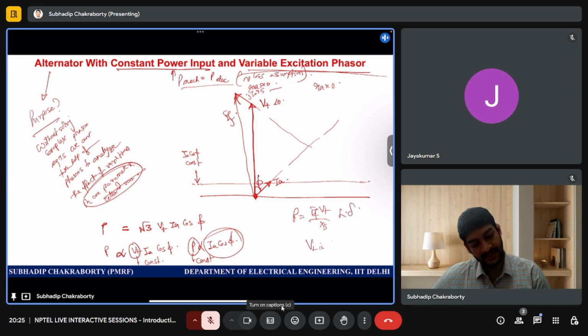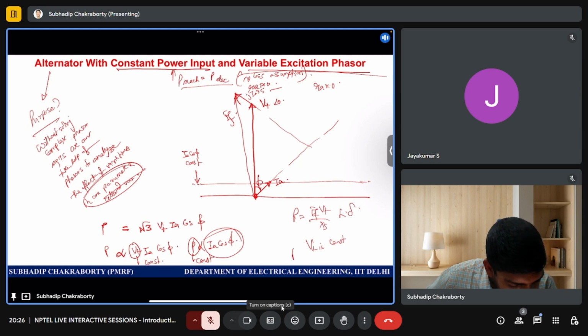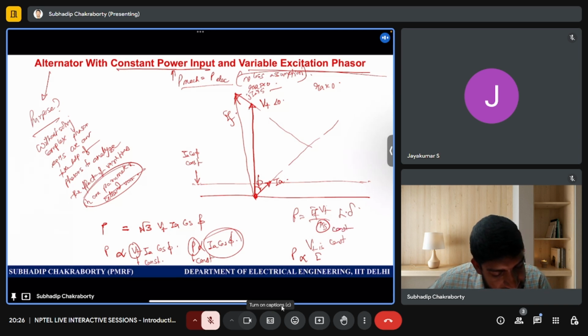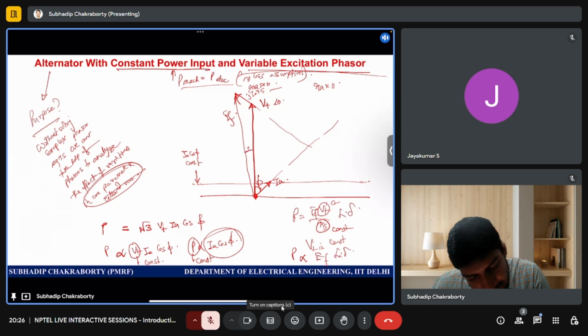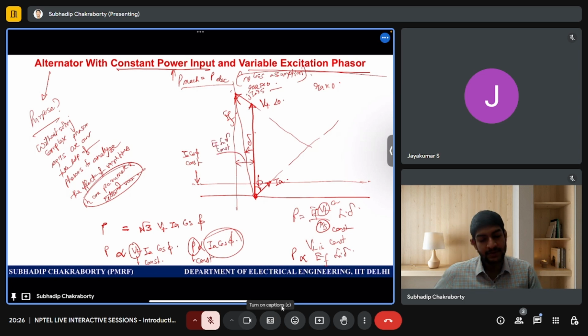But VT is constant. So because XS is constant, VT is constant, P is proportional to EF sine delta. And this is delta. So this sine delta means this much. EF sine delta constant. So these two are the constraint lines. So a lagging operating alternator.